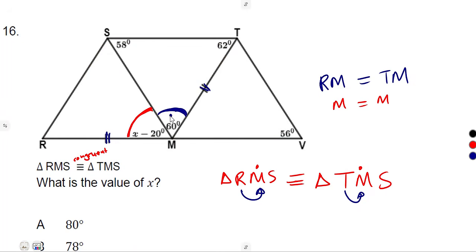Then the last thing, the side MS is our common side.